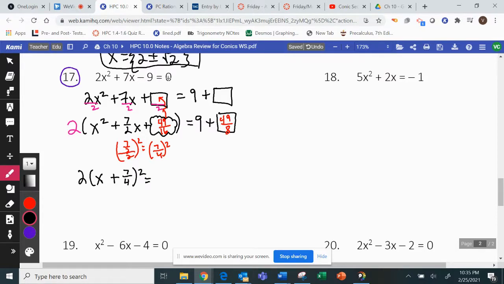And on the other side, I'm going to need to find a common denominator to add those together. Okay, and then I'm going to divide both sides by 2.